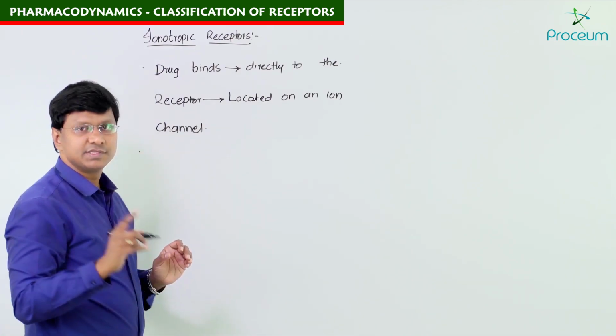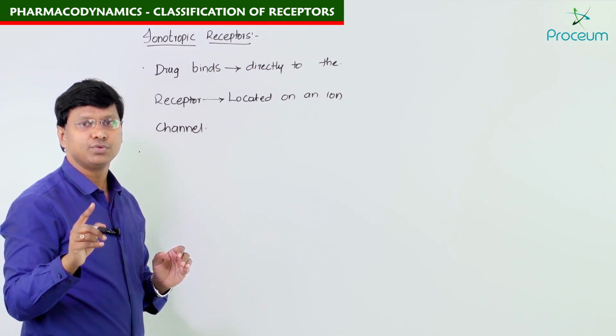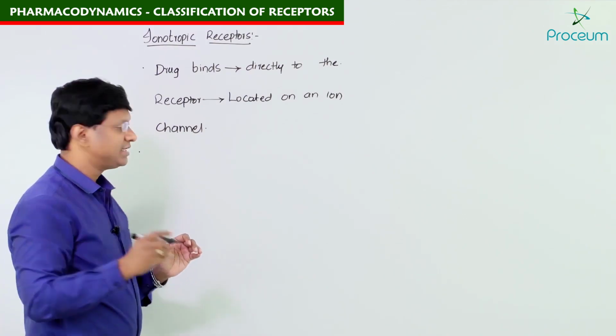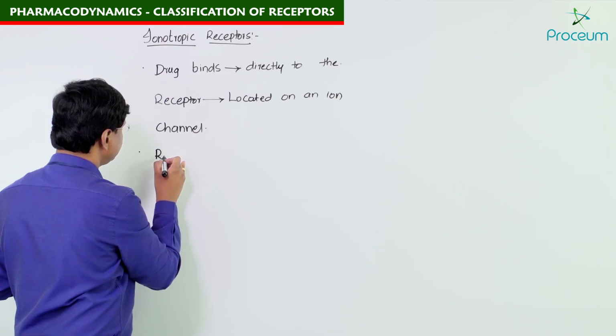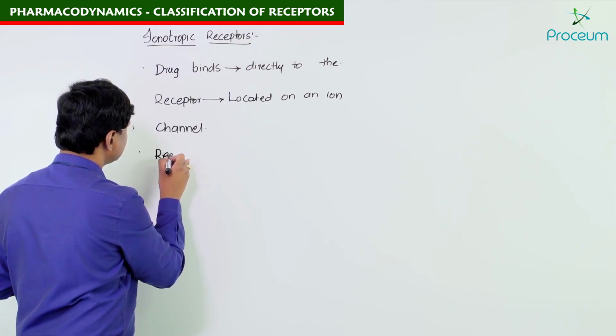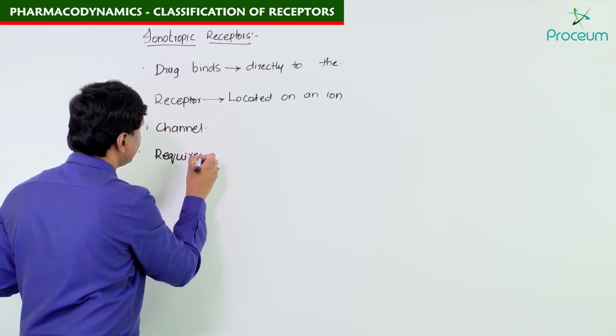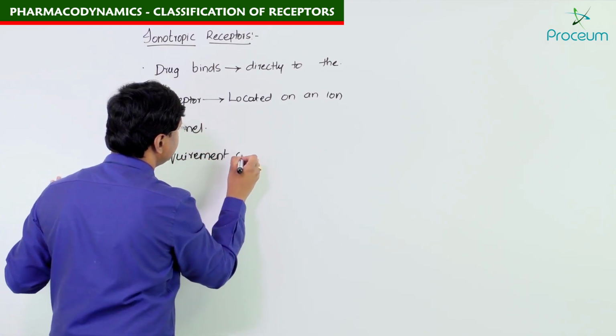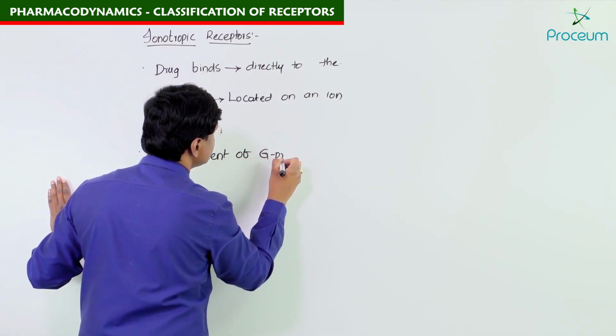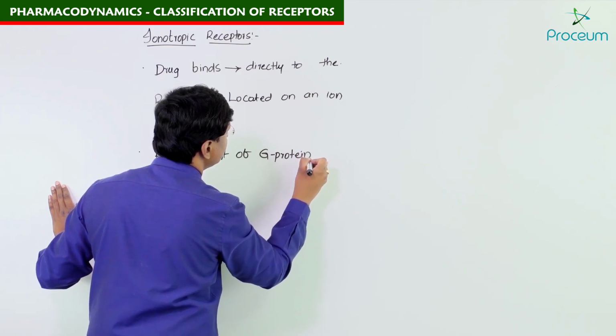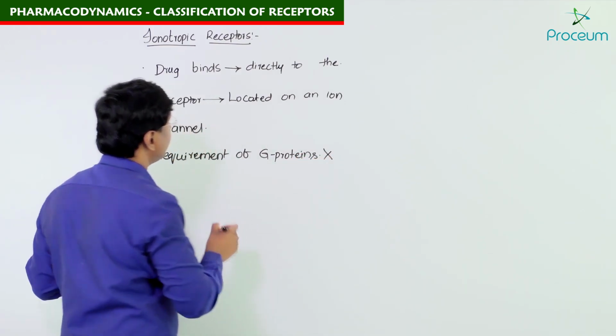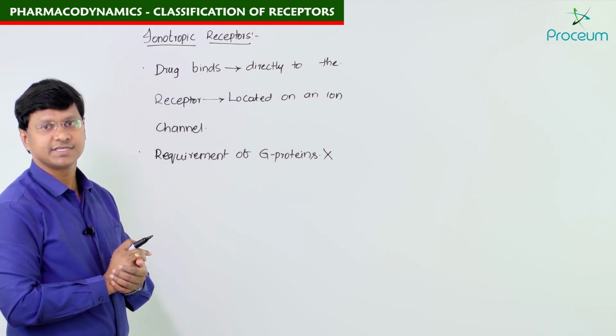A point to note is that these ionotropic receptors do not require the mediation by G proteins; the requirement of G proteins is not there for these ionotropic receptors.